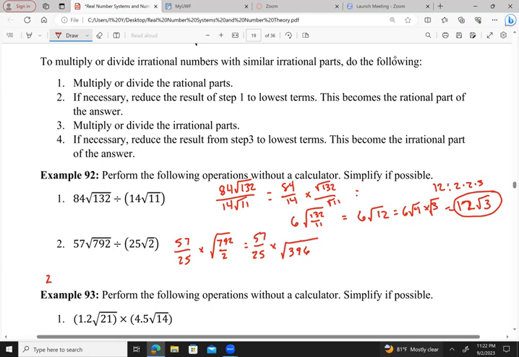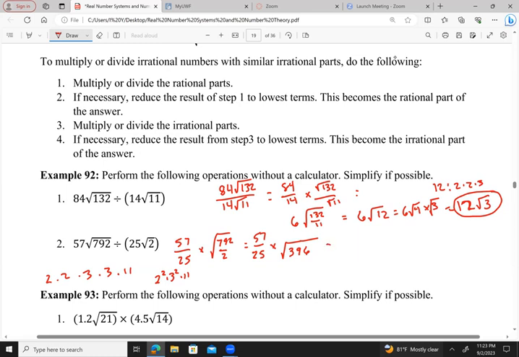It gives me 198, so I see another 2. That leaves me at 99. I see a 3. That leaves me with 33. I see another 3. That leaves me with 11. So I'm looking at 2 squared times 3 squared times 11. 4 times 9, 36.